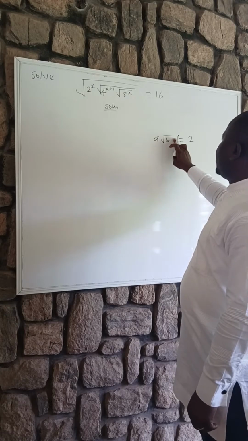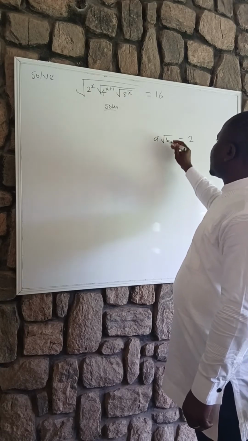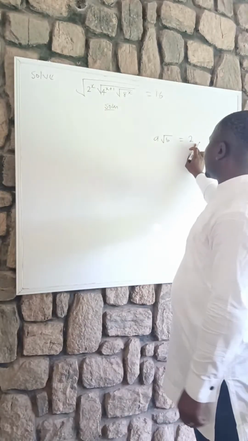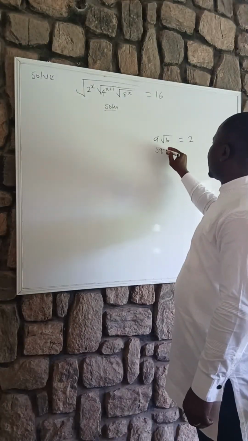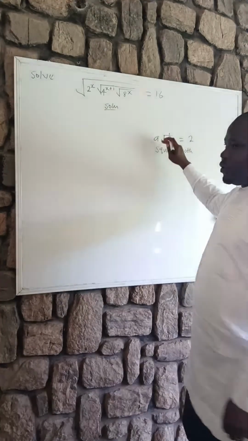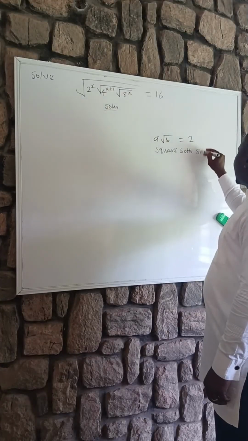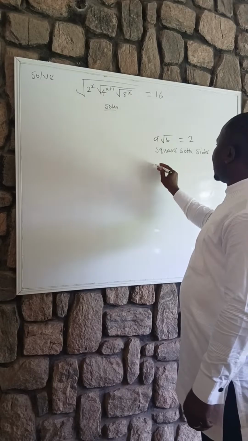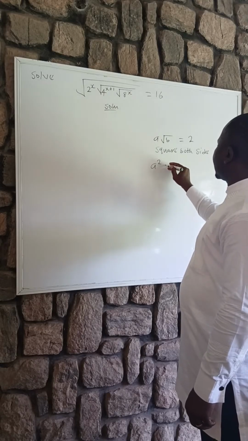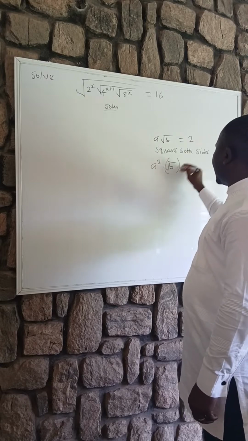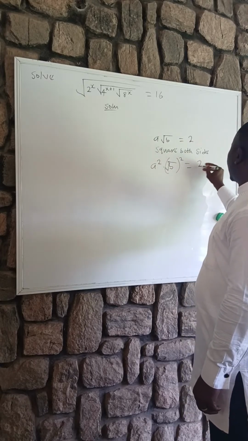If you want to square both sides, it means squaring will affect both the root and the 2. So squaring both sides, the square root of b in brackets squared equals 2 raised to the power 2.